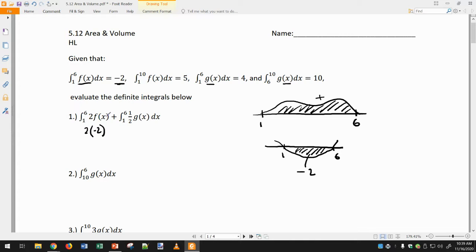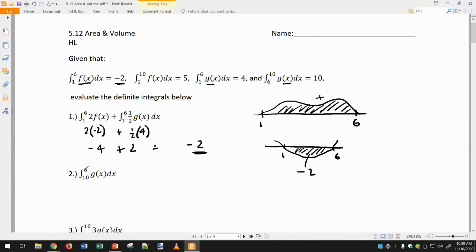So we just do 2 times that. And then plus the area under the curve of g of x from 1 to 6 is equal to 4. So we're just doing 1/2 times 4, and we just calculate this. Negative 4 plus 2 is negative 2.